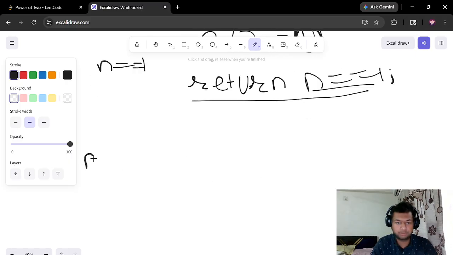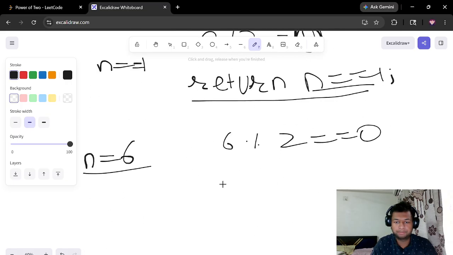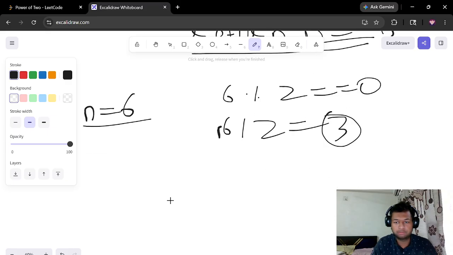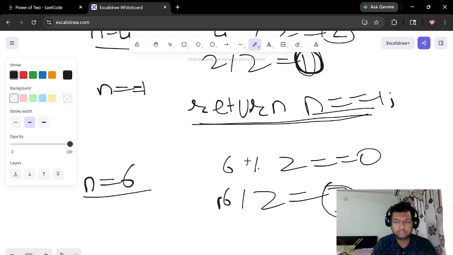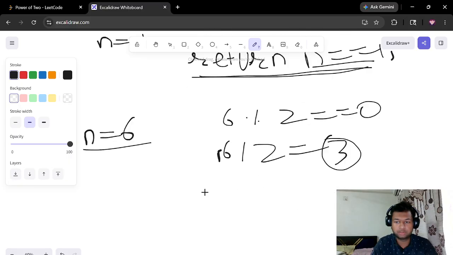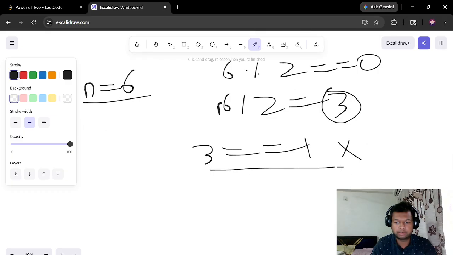So let's say for n equal to 6, we need to find. 6 is divisible by 2, so it will run, and 6 divided by 2 will be 3, so n will be 3 here. Now 3 is not divisible by 2, so it will not execute further, and at last it will come to the condition n equal to 1 or not. 3 is not equal to 1, so our output will be false here.